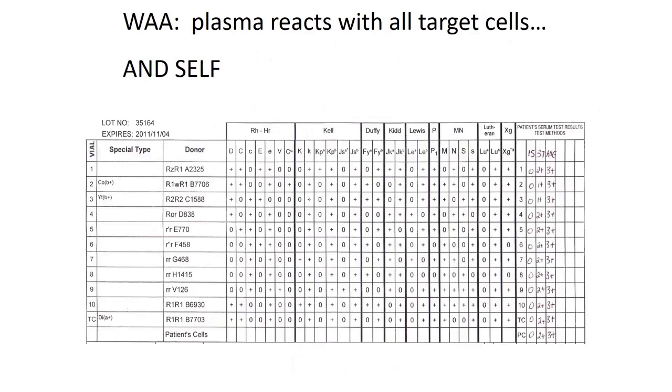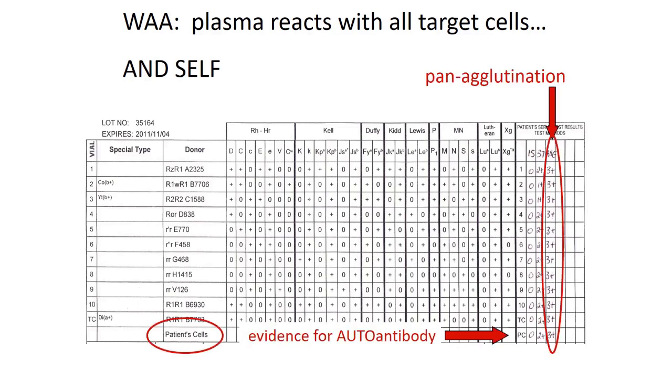The warm auto reacts with all target cells as well as self. So this is going to be your clue. Otherwise, a high prevalence antibody will react with all cells except for one: self. So the autocontrol and its relationship to the rest of the panel is incredibly important in making such a distinction.